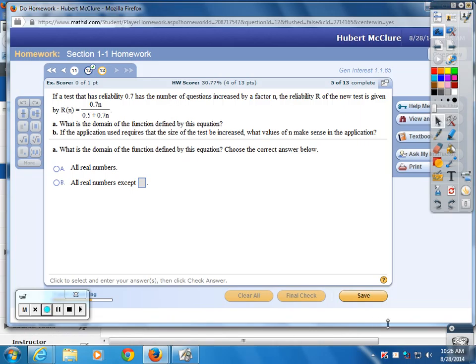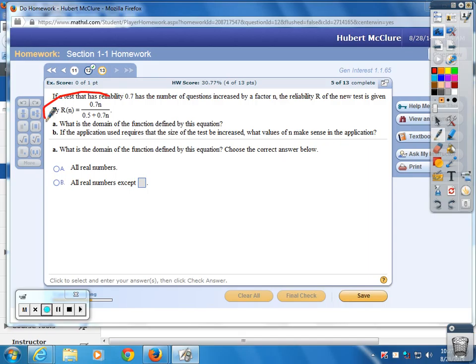All right. So, you finished? Well, first of all, I'm going to change this into f of x because that just messes me up. So f of x is equal to 0.7x over 0.5 plus 0.7x.